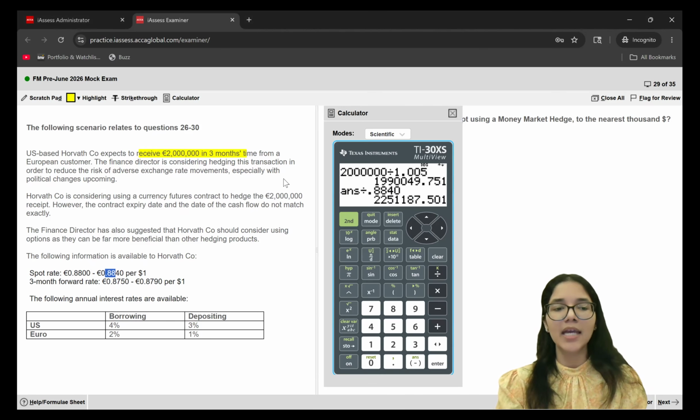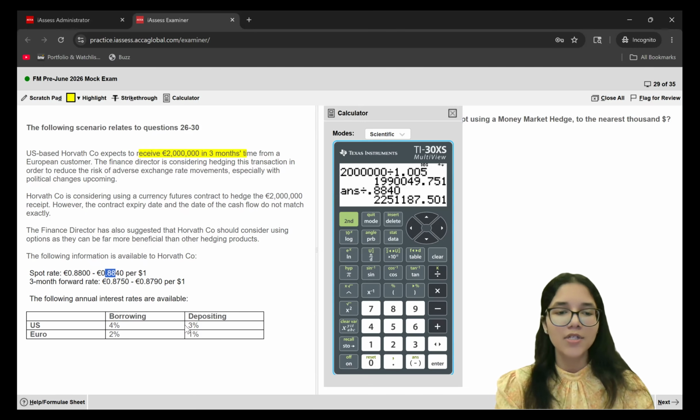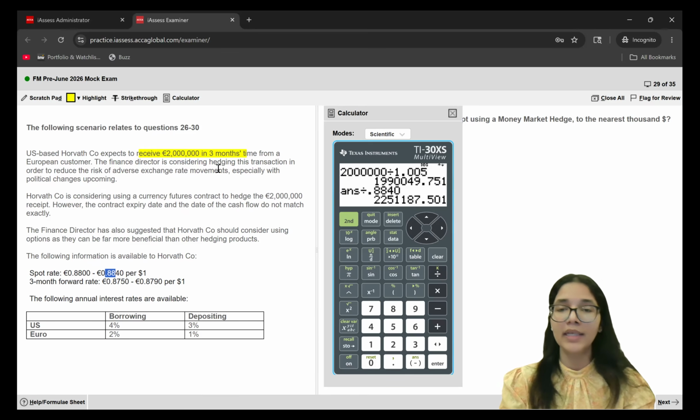Now step number 3 is we are going to deposit this into our domestic currency. So I have these many dollars today, and now I will deposit these dollars for the next 3 months. So US dollar depositing rate is 3%. So if you have a look, the 3% is for a period of the whole year.